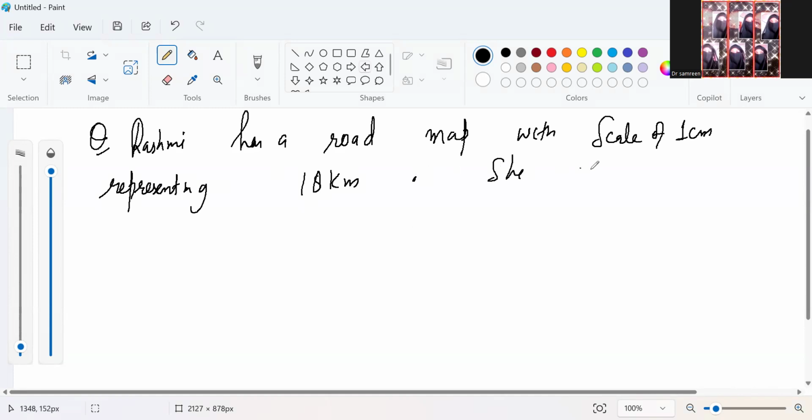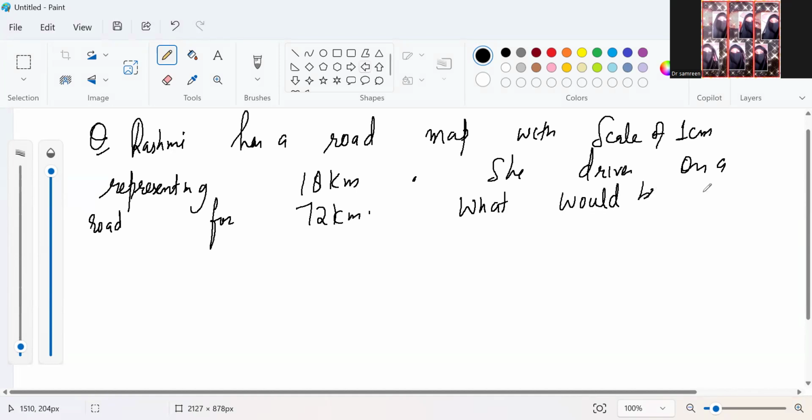Now she drives on a road for 72 kilometer. What would be her distance covered in the map?